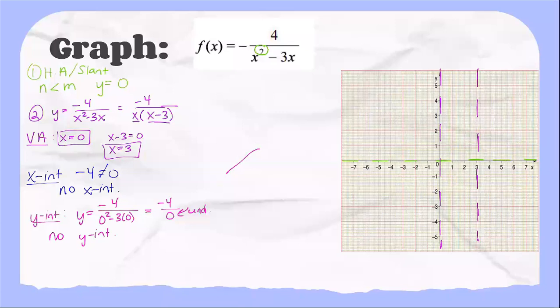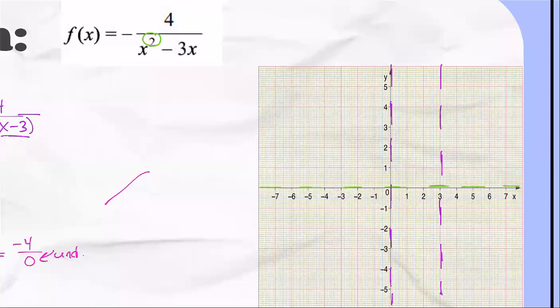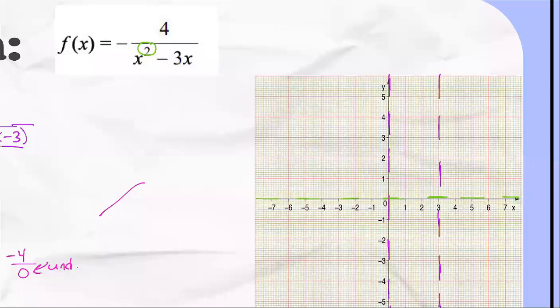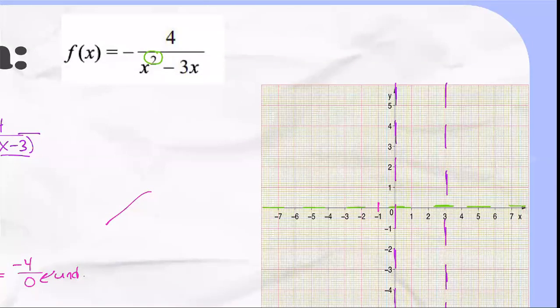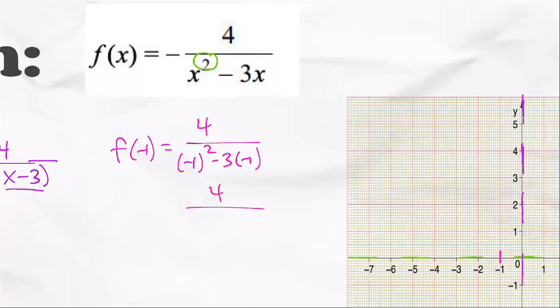Okay, so what's this going to look like? We might have to actually graph some other points to see what this looks like. So at that point, I would say, all right, let's go ahead and test one. Let's test at -1. So -1 squared is 1, and that's going to be +3.